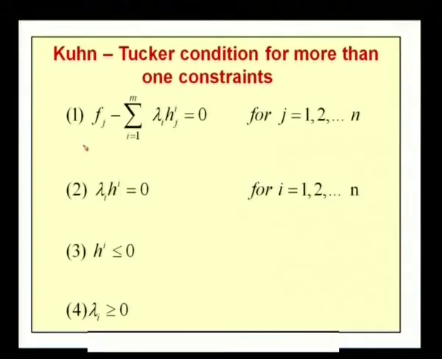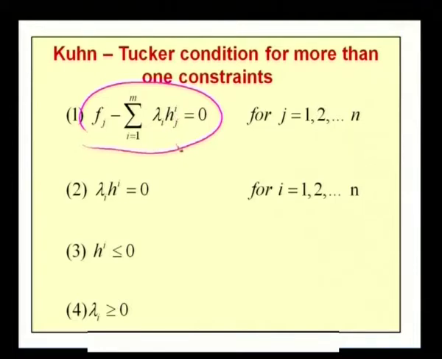The next Kuhn-Tucker condition corresponds to a nonlinear programming problem which involves more than one inequality constraint. For such a problem, the corresponding Kuhn-Tucker condition is f_j minus summation i equal to 1 to m lambda_i h^i_j.